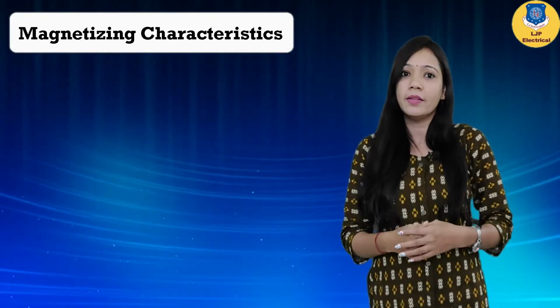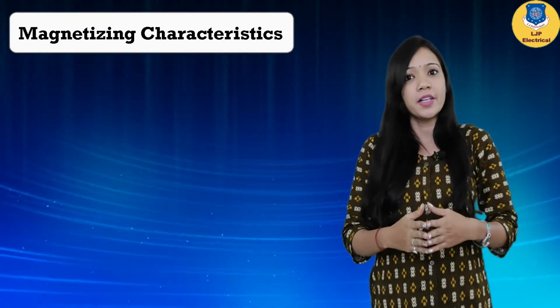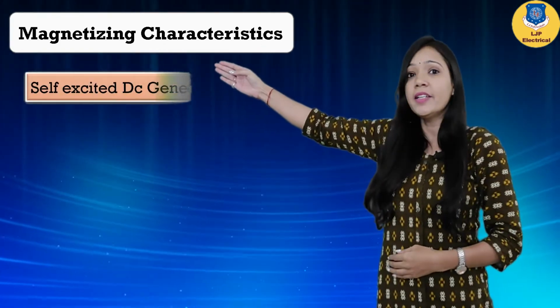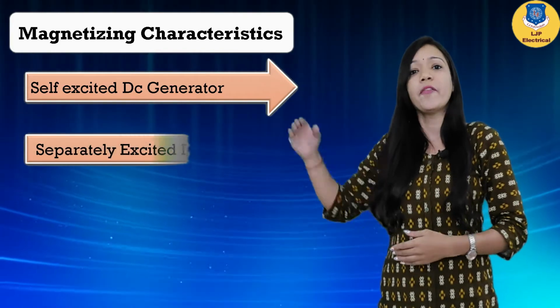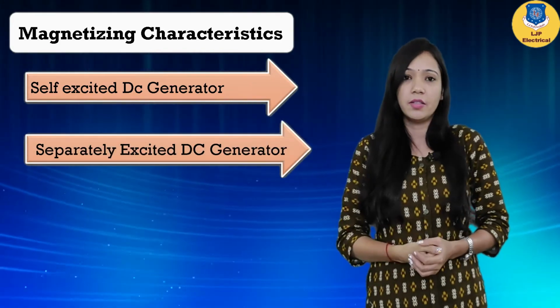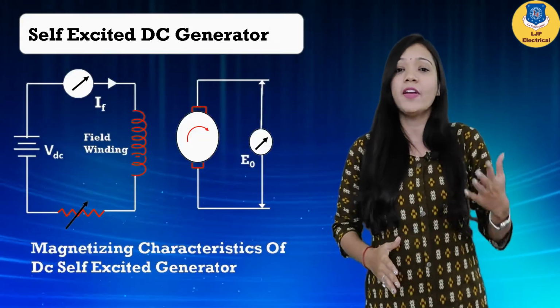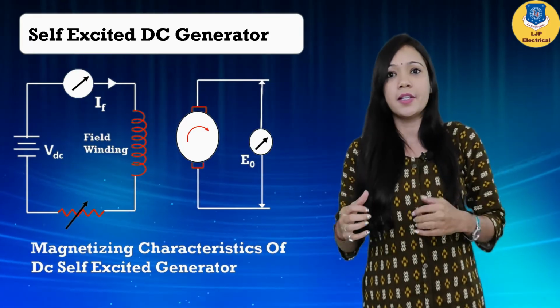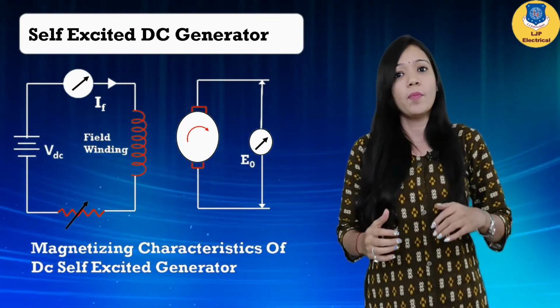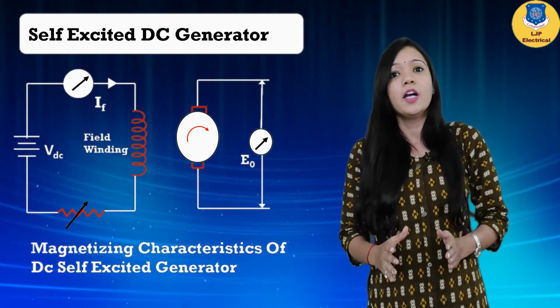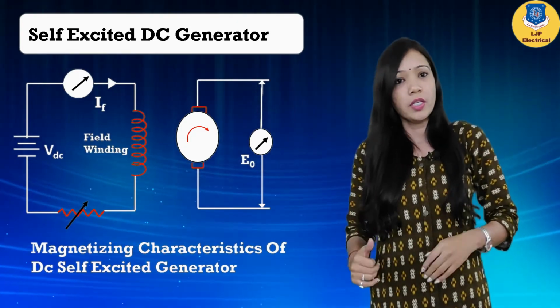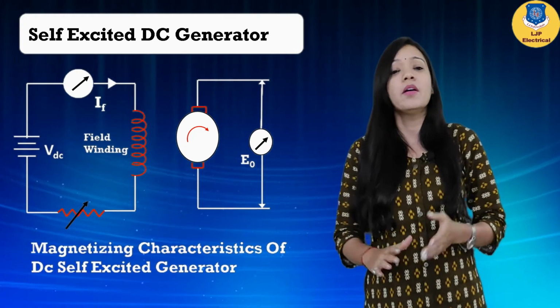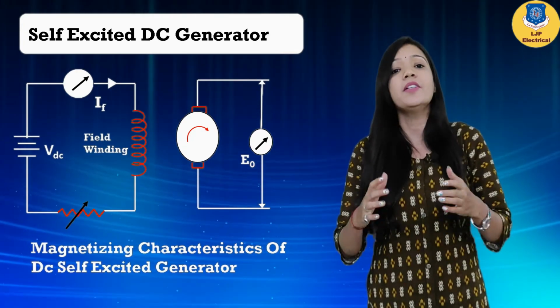As we know, there are two types of DC generator, self-excited DC generator and separately excited DC generator. So if we talk about the self-excited DC generator, the field winding of the DC generator is disconnected from the machine and connected to the DC source in order to obtain the magnetizing characteristic of the DC generator.